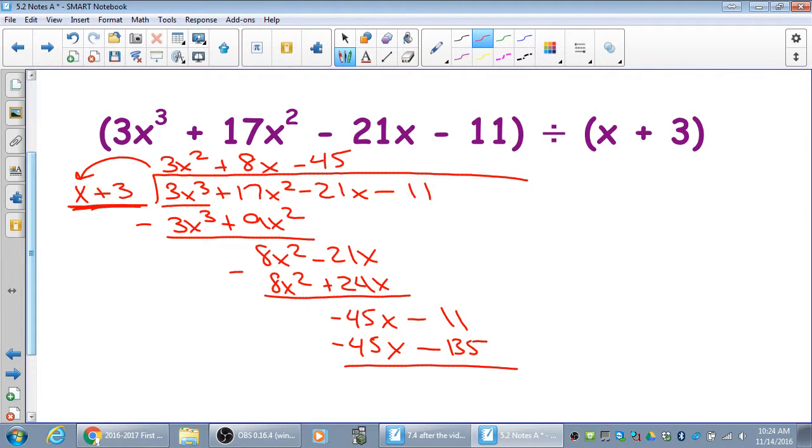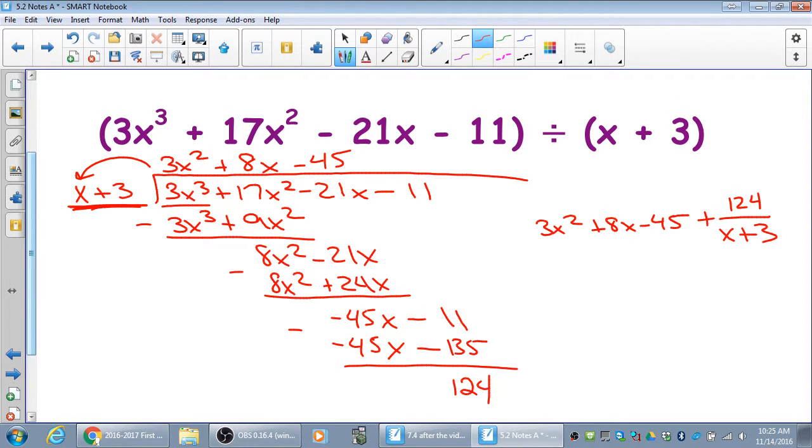Now we always subtract. That's going to be negative 11 plus 135, that's 124. So this is 3x squared plus 8x minus 45 plus 124 over x plus 3.